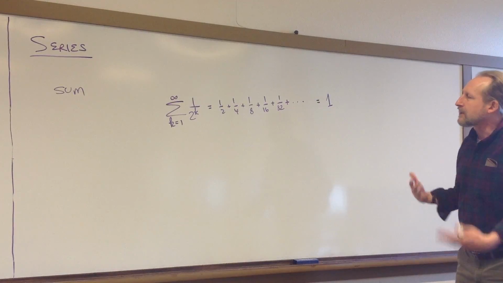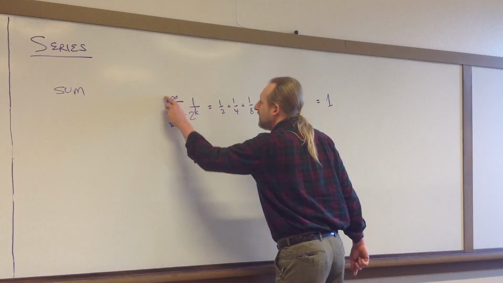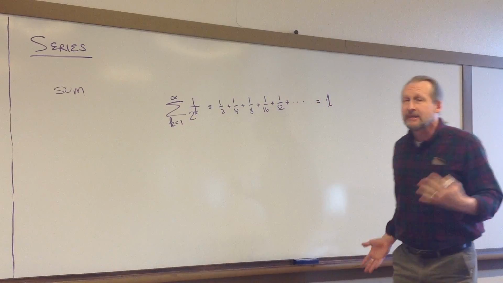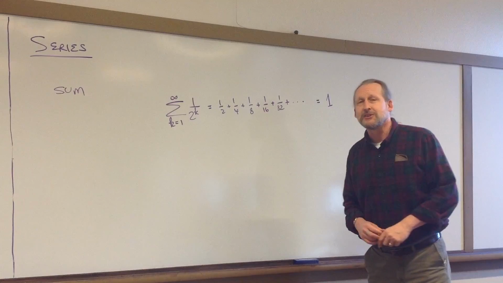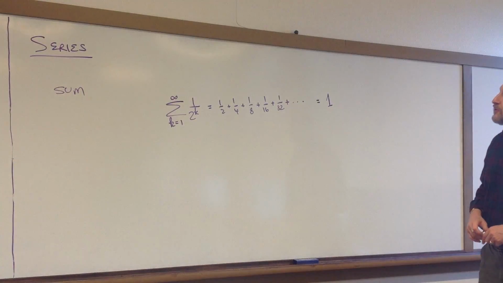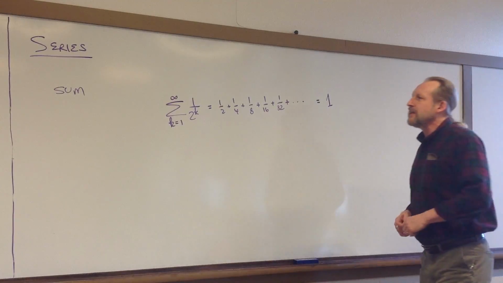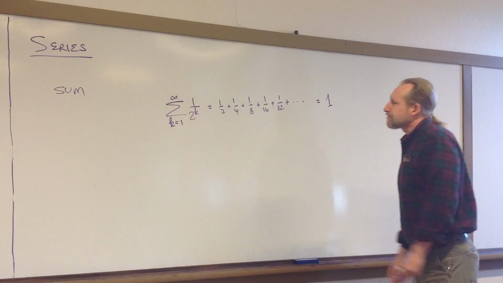So it is typically an approximation. But this infinity symbol really does make it equal to 1, because if you could add on terms infinitely, then in theory it would be equal to 1. But again, our human relationship to infinity is kind of tricky.